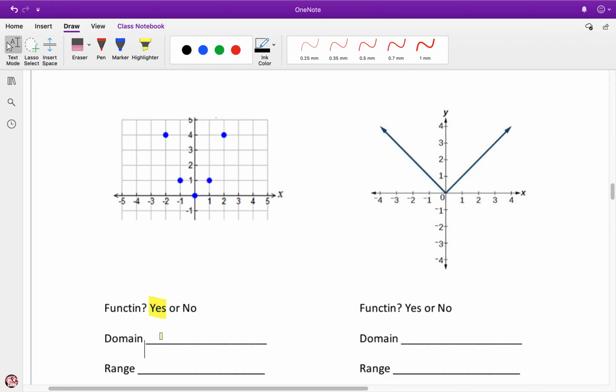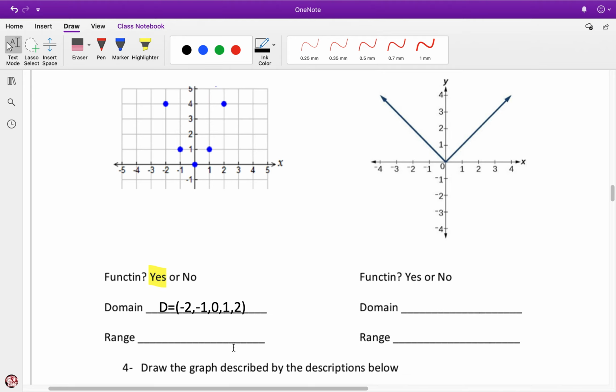Now since it's discrete, meaning only dots, I can just list the points. If I'm listing the domain, that's the x values, it's going to be -2, -1, 0, 1, and 2.